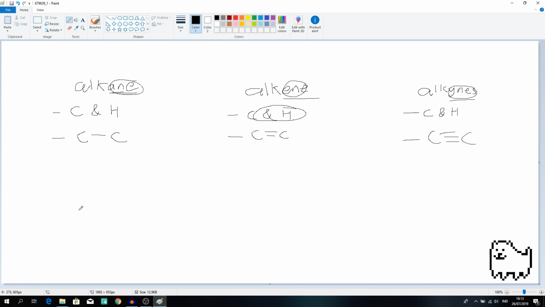So let's just draw an alkane, just to give you an example. This is what a normal alkane is, a real simple one. The carbons should be bonded 4 times, while the hydrogen should be bonded once.